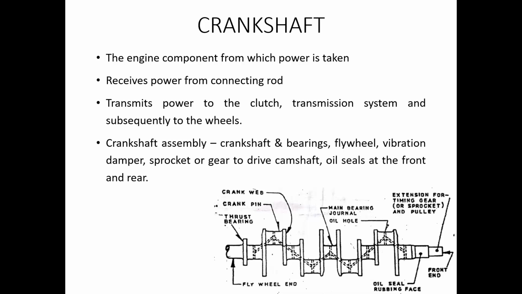The crankshaft assembly consists of the crankshaft and the bearings that are integrated with the crankshaft. There may be a flywheel which is used to store energy for rotating the crankshaft during the idle strokes. Then it may have a vibration dampener to reduce the vibrations produced due to the rotary motion of the piston.